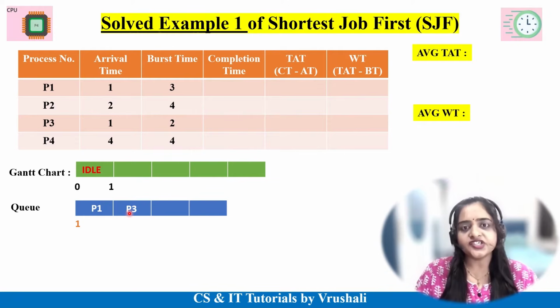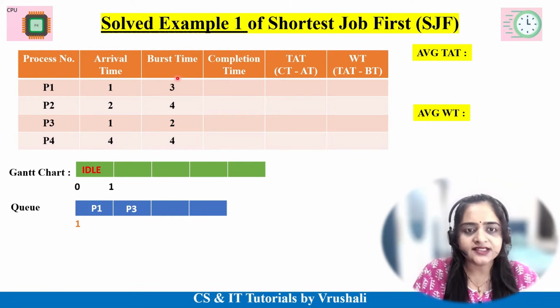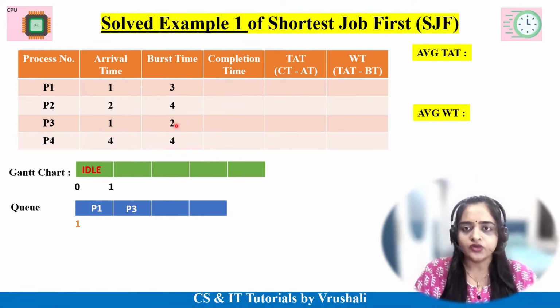Clear? Now at 1 o'clock there are total 2 processes. As per the SJF scheduling algorithm, you need to find out which process has the shortest burst time, the shortest execution time. See here, P1 has burst time 3 and P3 has burst time 2. So which one is the shortest? 2. So CPU executes P3 first. This is the concept of the SJF scheduling algorithm.